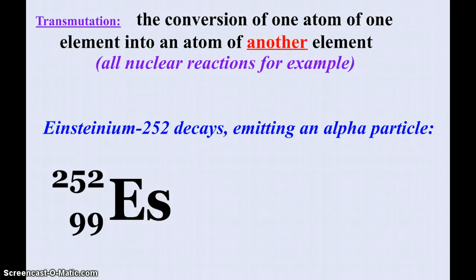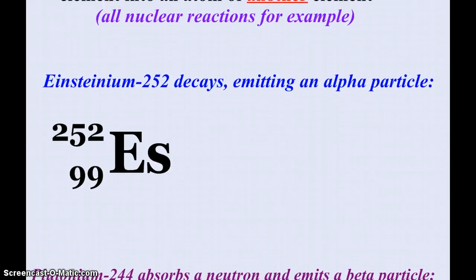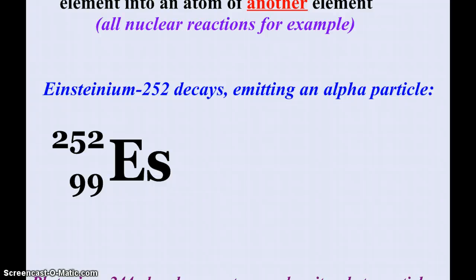And what that is where chemistry came from, alchemy, trying to change metals into gold, trying to change elements into different elements. And that's what nuclear chemistry does. Converts an atom of an element into the atom of another element. And so all of our decay reactions like we've just seen. So here we have Einsteinium-252. It's going to decay emitting an alpha particle.